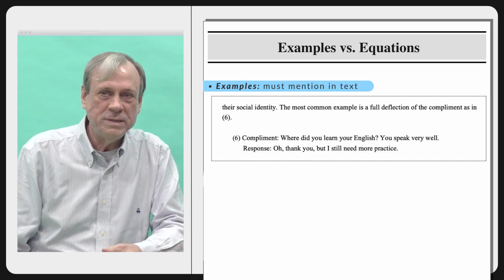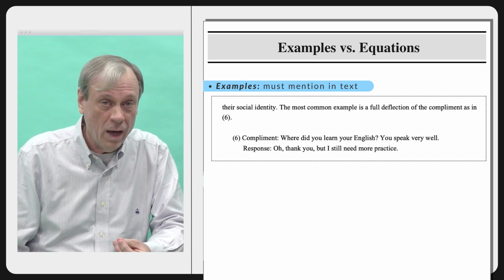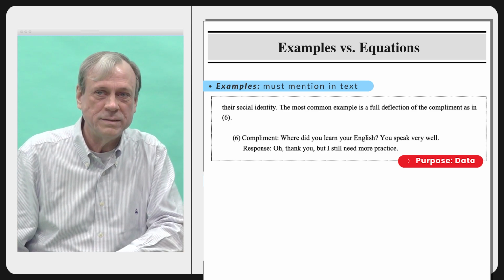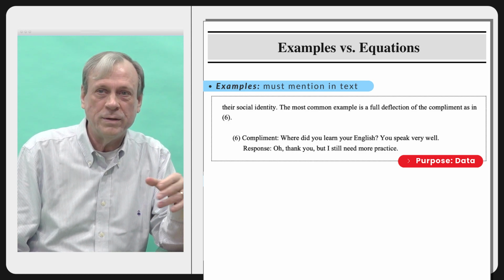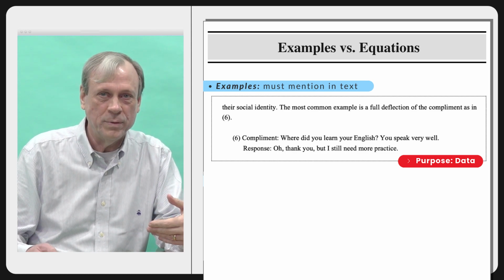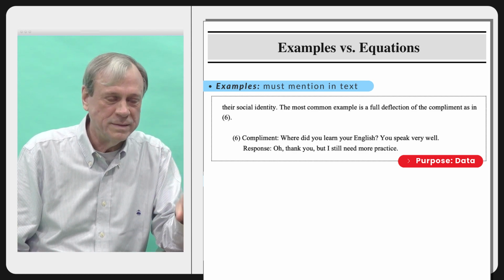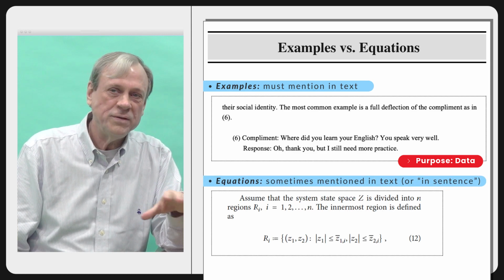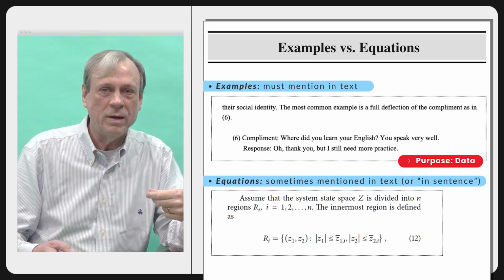So the first one is an example. Examples are very common as data in humanities and social sciences. And usually they're referred to and then followed by the actual example, but it's a separate sentence. Whereas in engineering, often the equations are sort of part of the sentence.